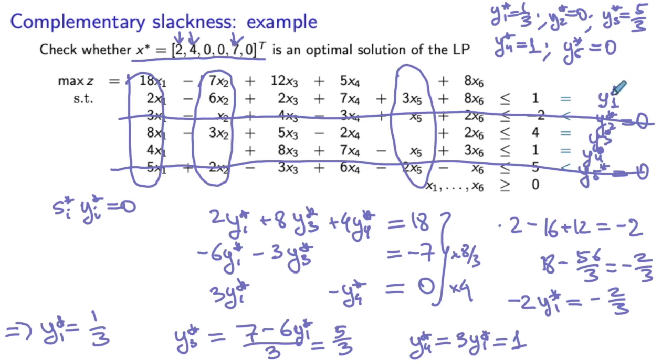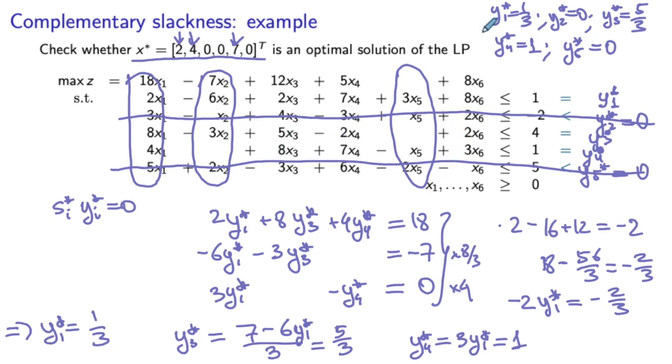Now what we need to do next is check that this solution y star is feasible for the dual. So far we only checked that it is feasible with respect to these 3 constraints here. In fact, these 3 constraints are going to be binding at this y star, but we also need to check that when we plug in y star in the 3 remaining constraints, then all the 3 remaining constraints will still be satisfied.